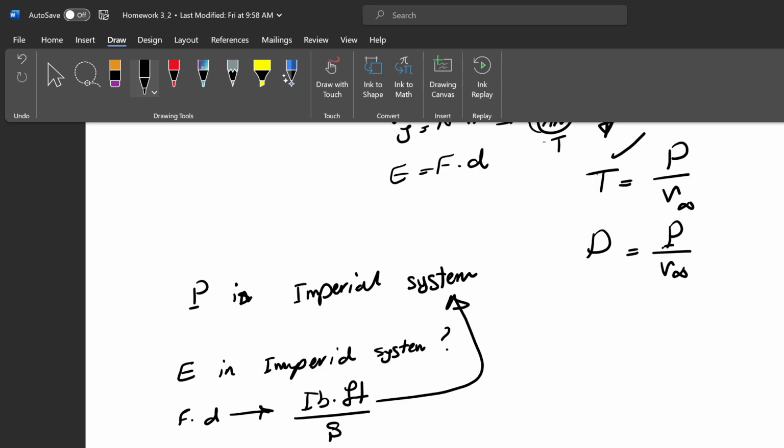So we need to find the conversion rate between horsepower and pound foot per second, which you can actually find with a very simple Google search. Every 1 horsepower is equal to 550 foot-pound per second.